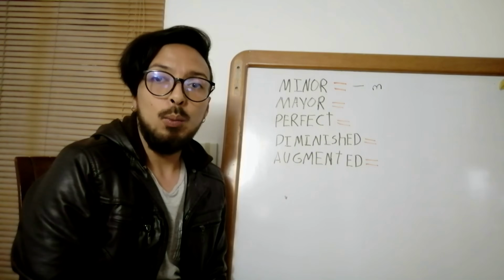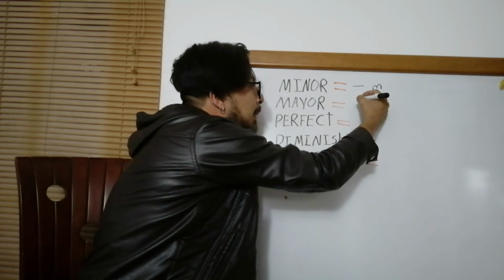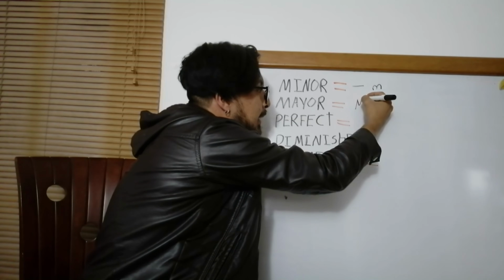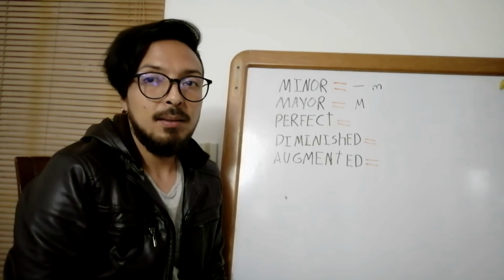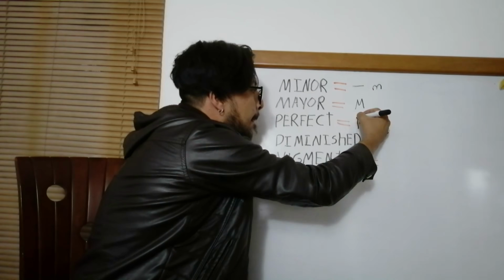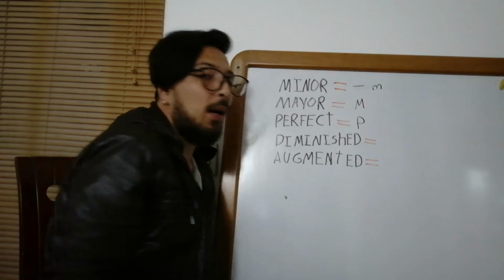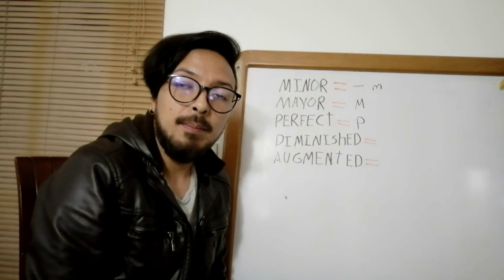The other one that we have is major with a capital M. You can represent it. The next one is perfect with a normal P or capital P.